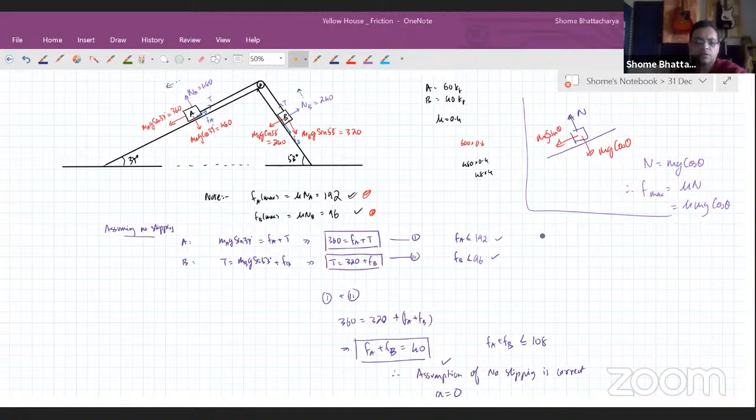Only 40 newtons, whereas the total amount of friction available is much more, as much as 192 plus 96, which is 288 newtons. So definitely our assumption is correct, and the system will not be slipping. The acceleration will be 0.